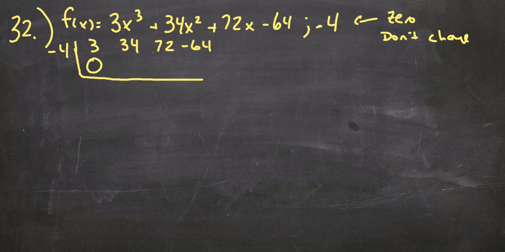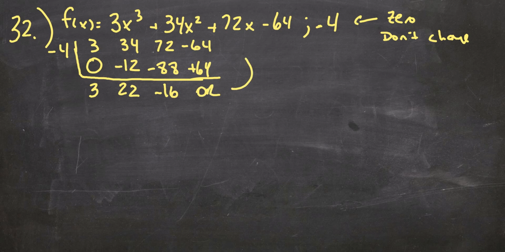I put a 0. 3 plus 0 is 3. 34 plus negative 12 is 22. Negative 4 times 22 is negative 88. I'm left with negative 16 times negative 4 is positive 64, which means I have no remainder.